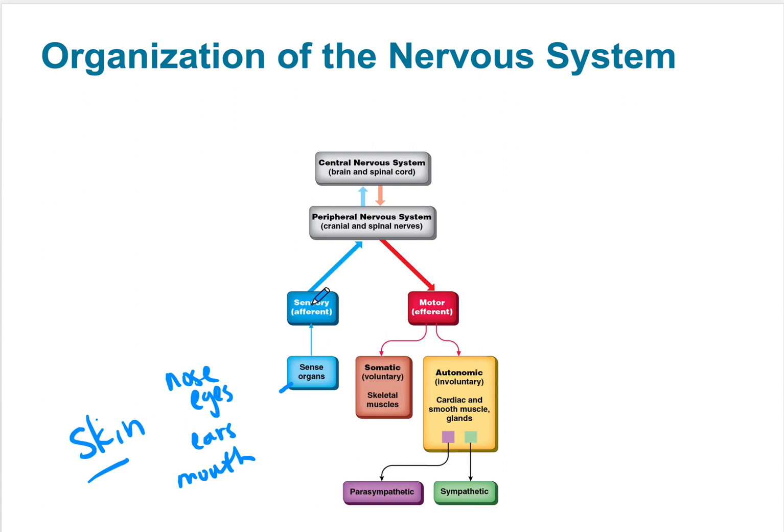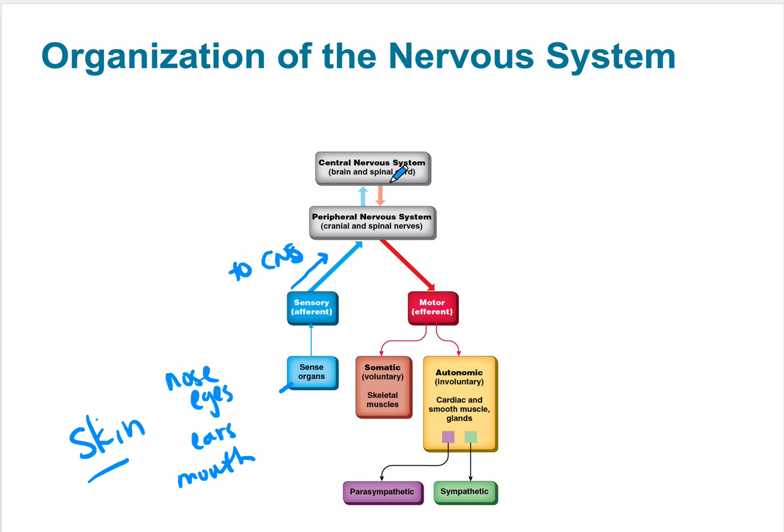It's going to go to what we call our sensory nervous system. That is going to go to the central nervous system, ultimately going to the central nervous system. It gets transported there through our cranial and spinal nerves. Here some kind of generation is going to happen of what the response is going to be.